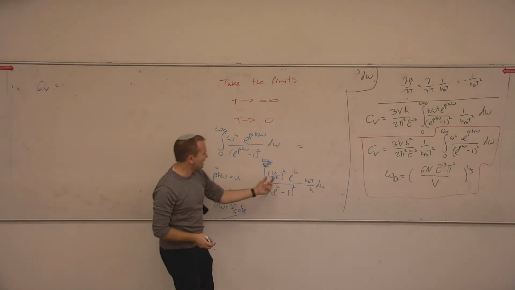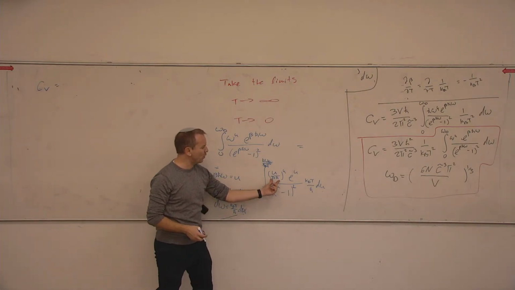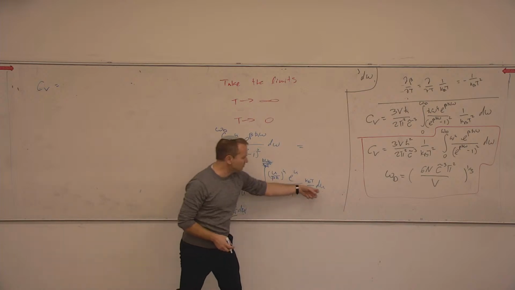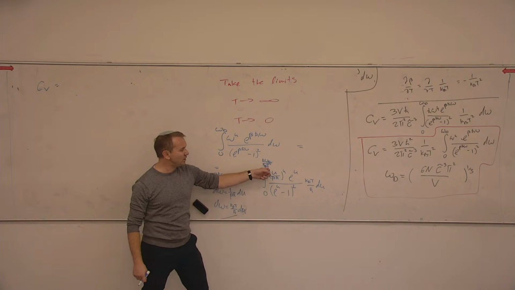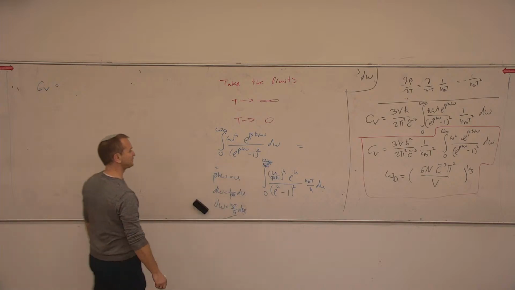So my C_V, before I take this limit, looks actually nice. Why? I can take everything that depends on T outside of the integral, and the only dependence of this integral on T is going to be in the upper limit.